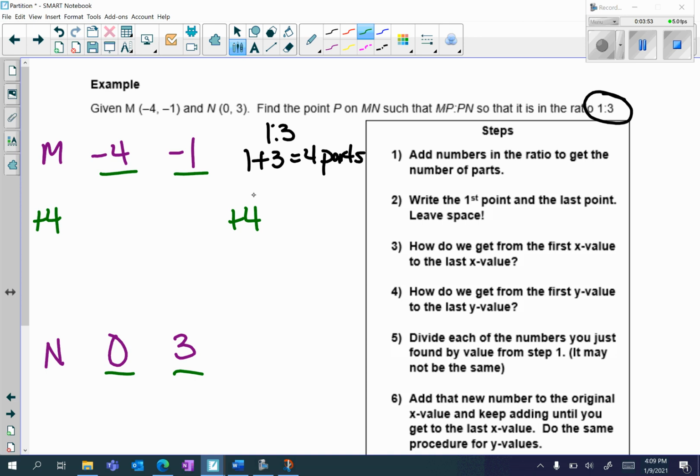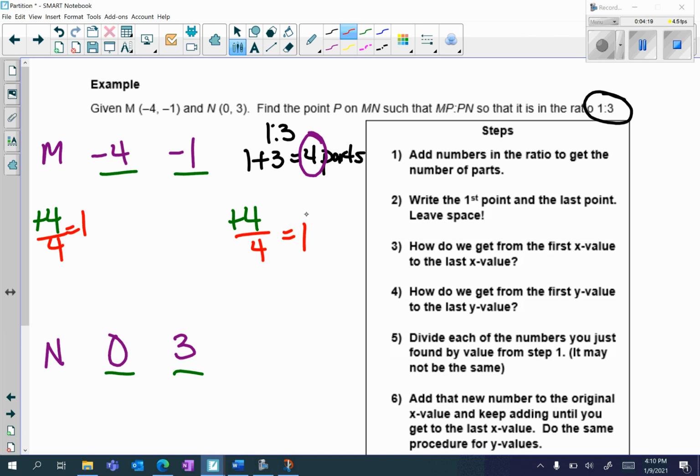Divide each of the numbers you just found by the value from step 1. So the value in step 1 was 4 parts. So what I'm going to do is divide 4 by 4, that's going to give me 1. And 4 divided by 4, that's also going to give me 1. In this case, it's the same number and it might not always be.